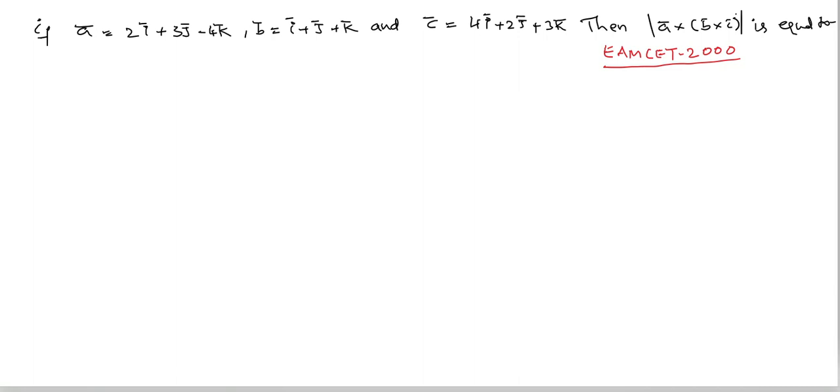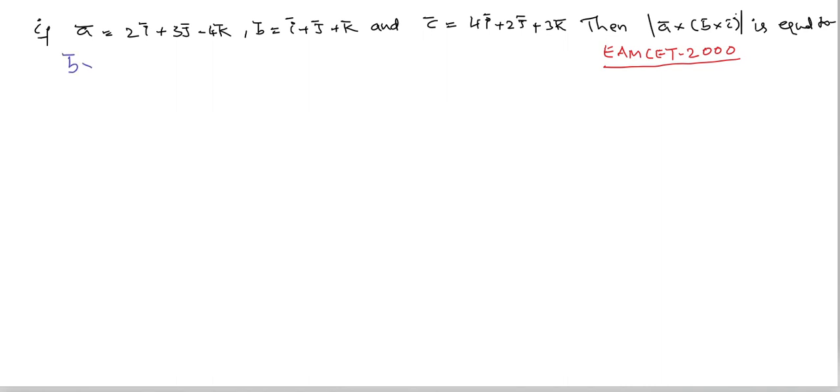If a bar is equal to 2i bar plus 3j bar minus 4k bar, b bar is equal to i bar plus j bar plus k bar, and c bar is equal to 4i bar plus 2j bar plus 3k bar, then modulus of a bar cross b bar cross c bar is equal to dash. This is MSET 2000 question.